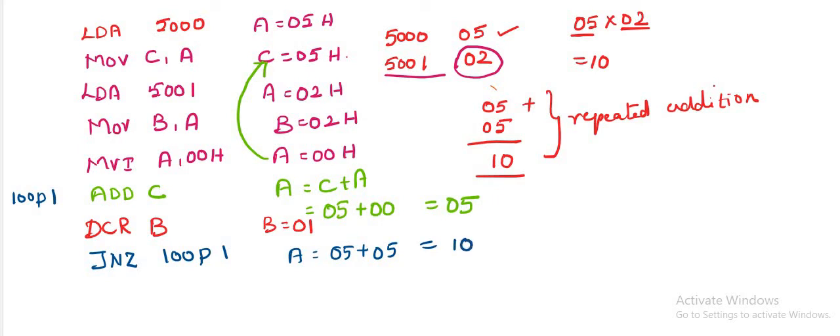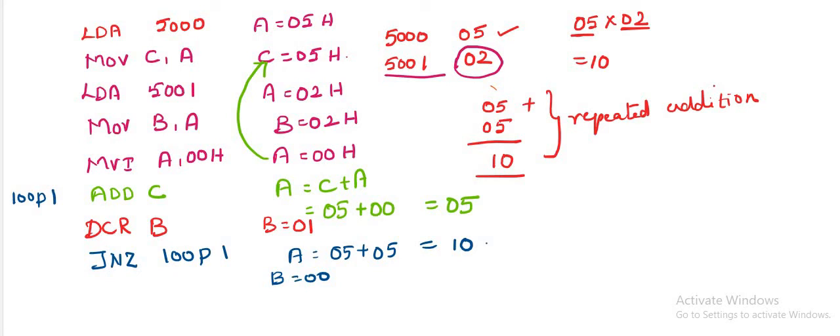The answer will be 10. Now the B register will be decremented. So DCR B means now the B value will be 00. It comes back to the 00 position. So 2 times it is added, and it comes out of the loop.